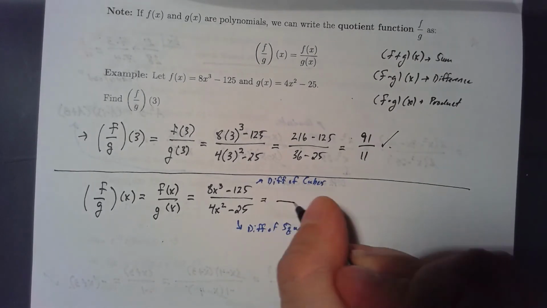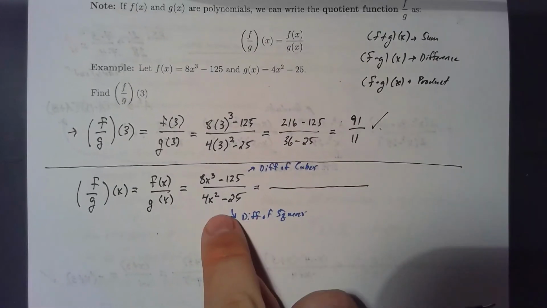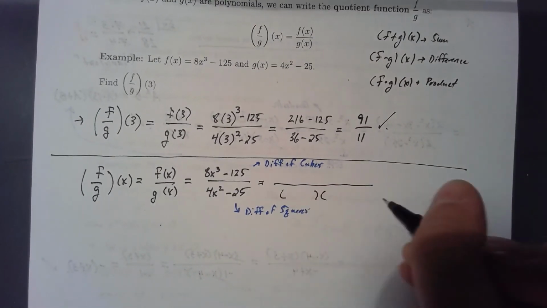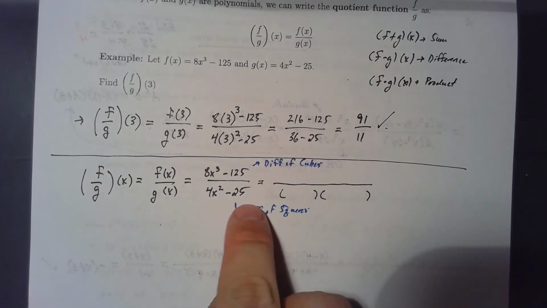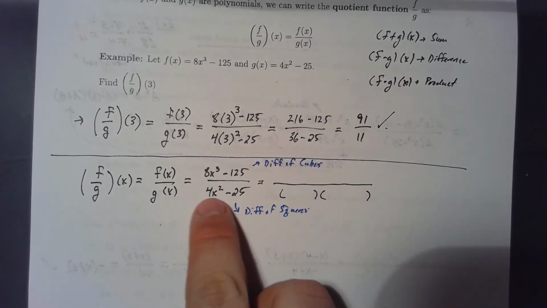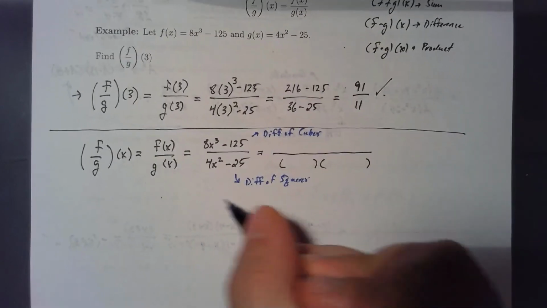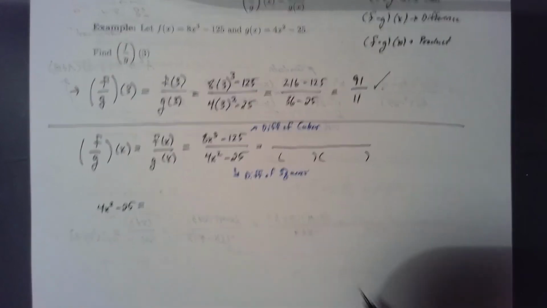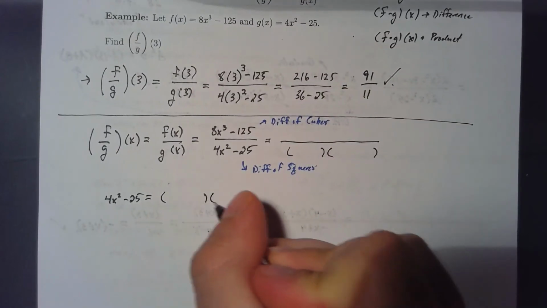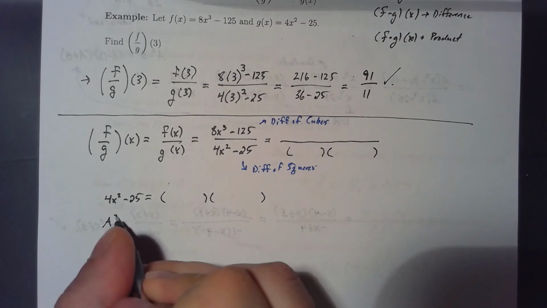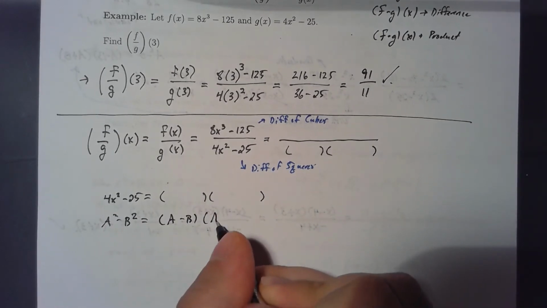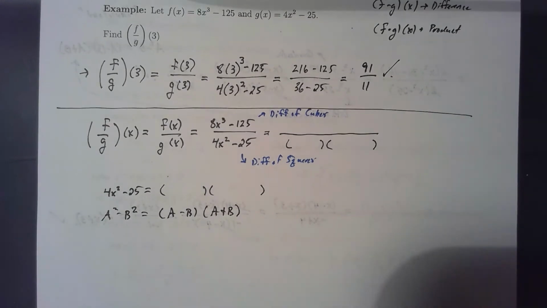Now, we already know what a difference of squares factors to. We just did something like that. This is going to factor to two binomials, a minus b, a plus b, because this is a squared minus b squared. So a squared minus b squared equals a minus b times a plus b.